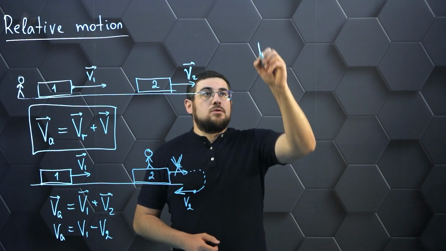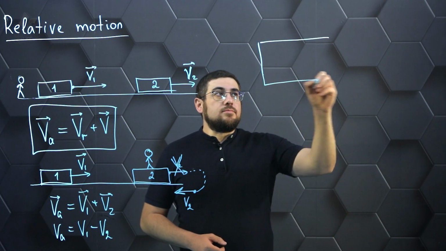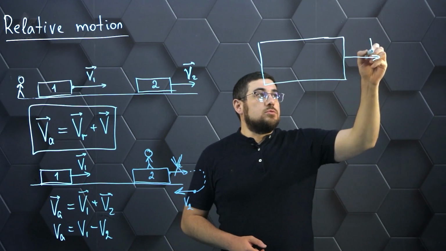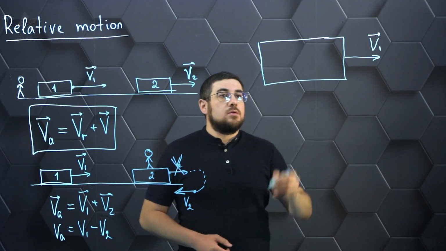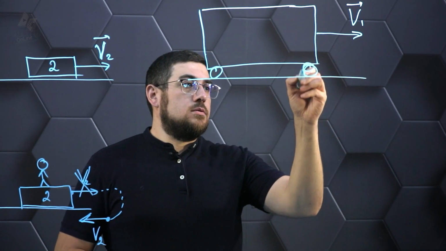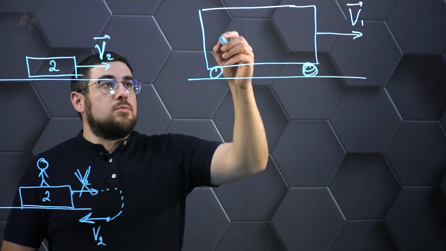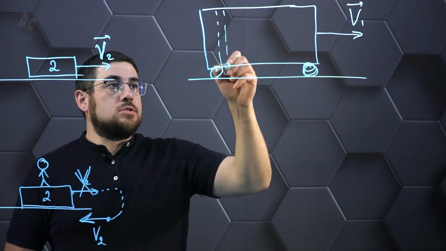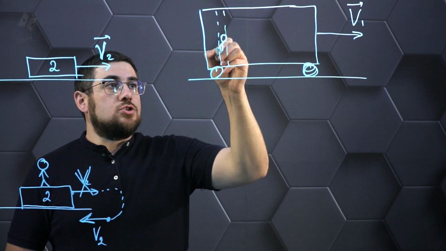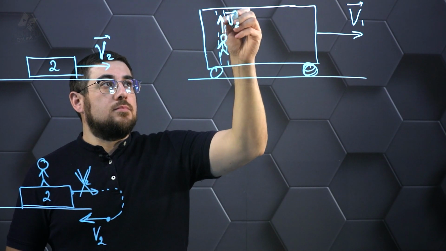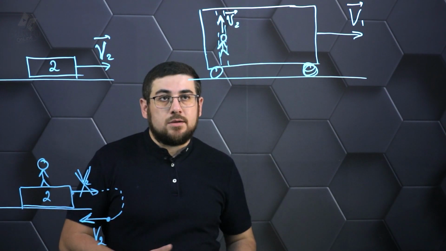Suppose we have a train car that's moving forward at v1 speed. And suppose we have a ladder on the side of this train, which is being climbed by a person at a velocity of v2, relative to this carriage.